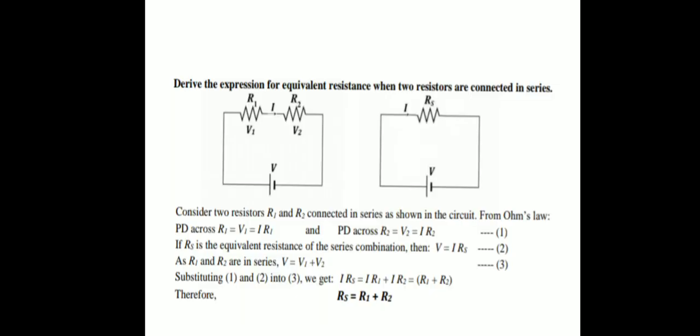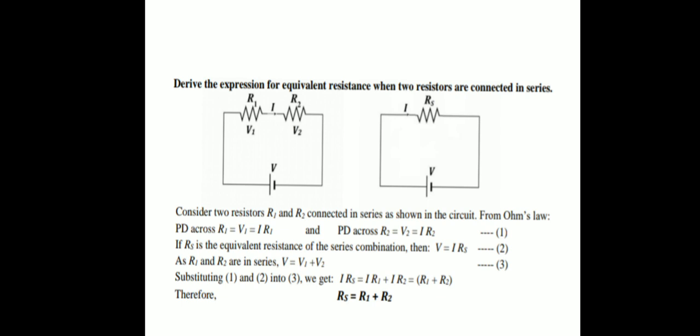Okay, now let us derive the expression for the equivalent resistance of two resistors when they are connected in series. Consider the two resistors R1 and R2 which are connected in series, and the same current I flows through each resistor.